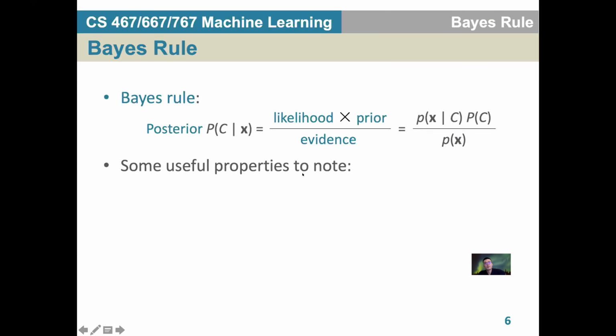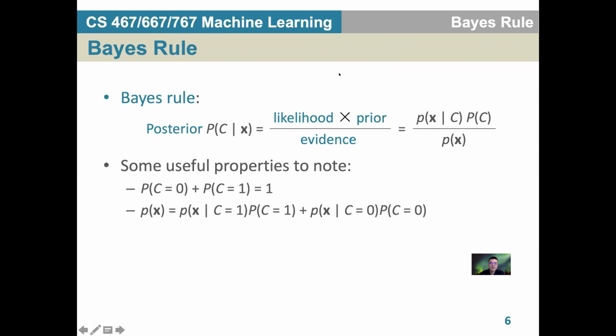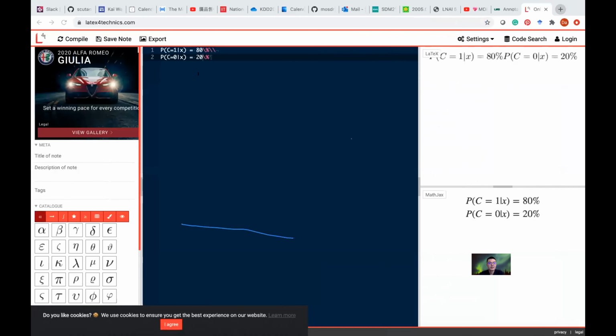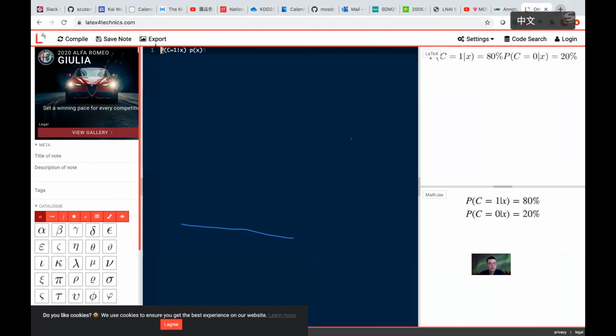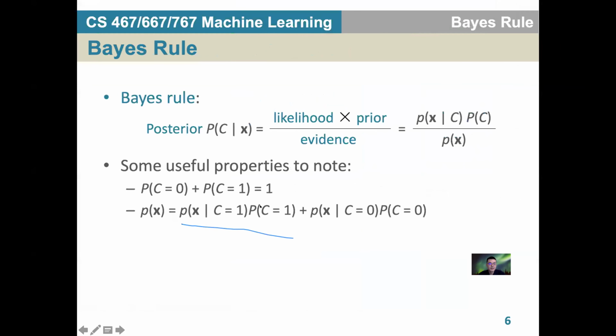Okay, some useful properties to know. One thing is that the probability of 0 and 1 sum to 1. Another is this one, which is not difficult to see. Because of the handwritten issue, let's go back to here so that it's not confusing.